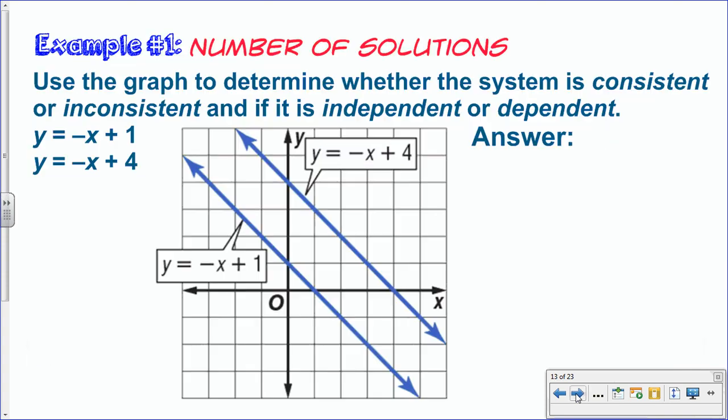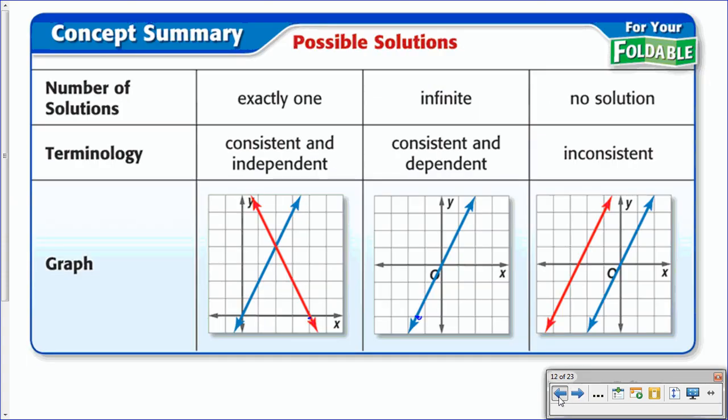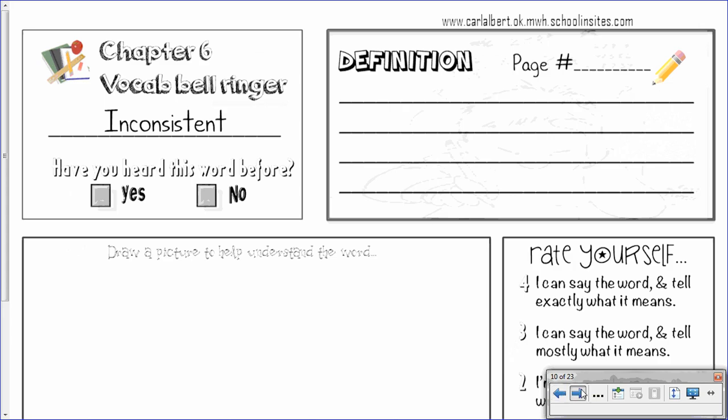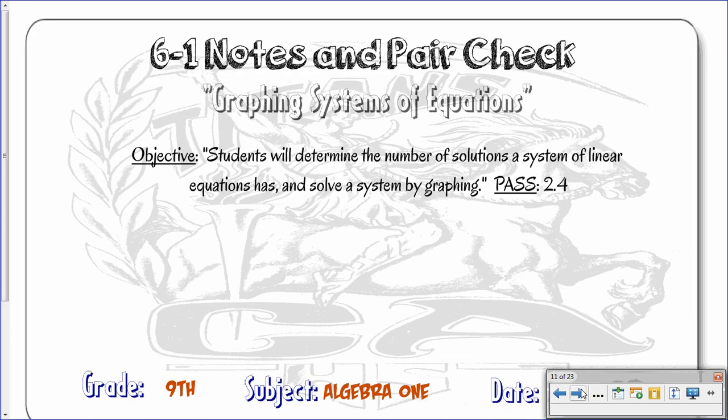Okay, let's go ahead and get started with the notes, guys. 6-1, huh? You'll need to turn that in before you leave today. Okay?